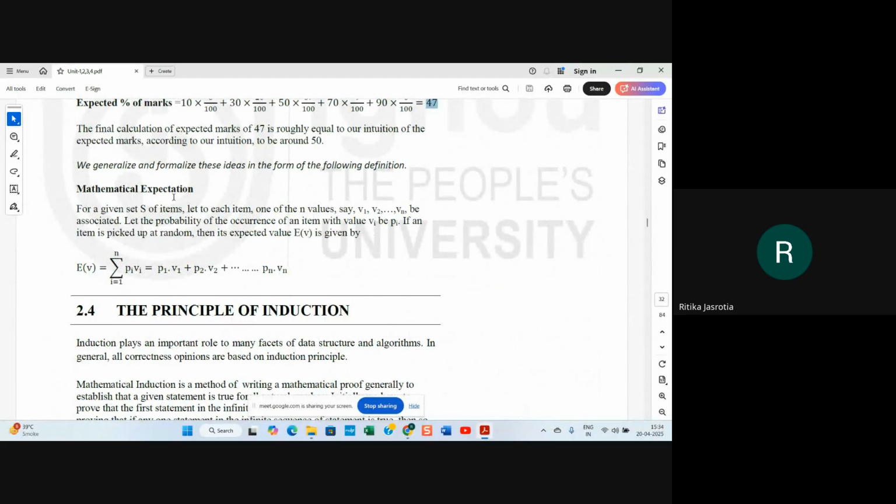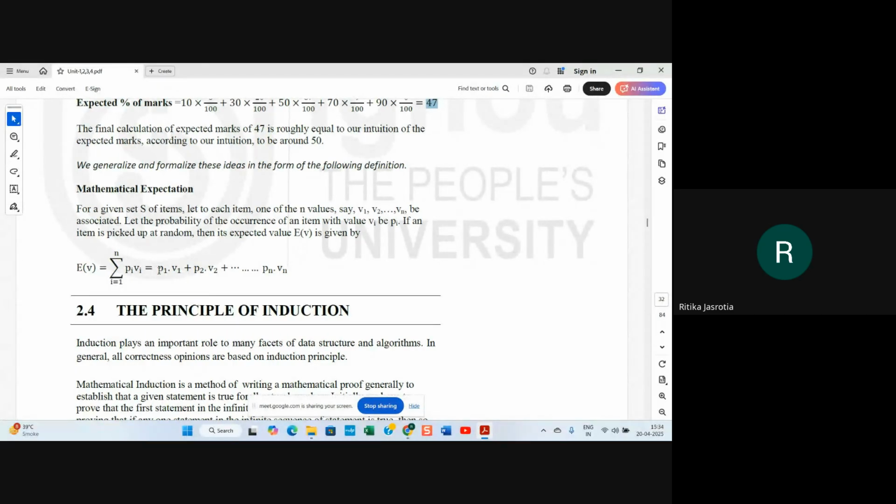Then mathematical expectation: for a given set S of items, let each item be associated with one of n values, say v1, v2 up to vn. Let the probability of the occurrence of an item with value vi be pi. If an item is picked up at random, then its expected value EV is given by EV is equal to sigma i is equal to 1 to n. Sigma means sum.